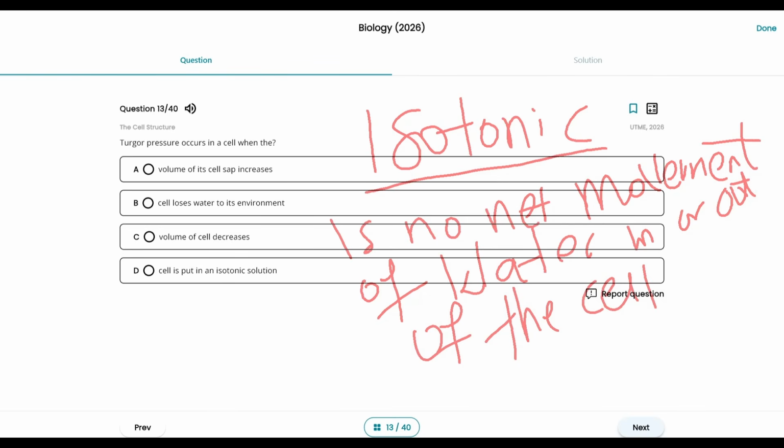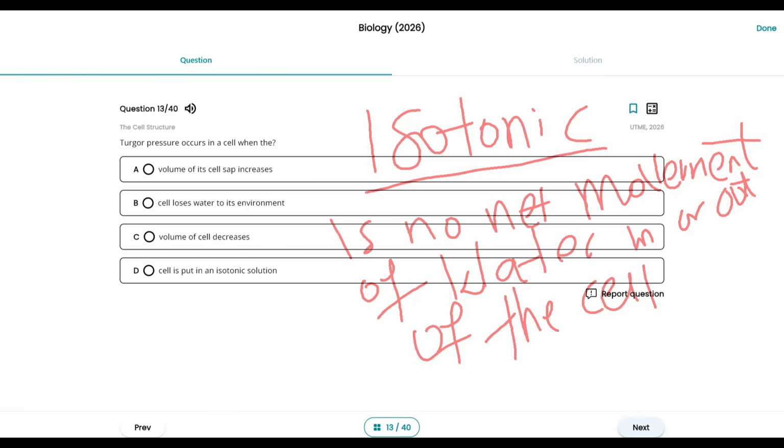Are you with me? Now, don't memorize turgidity with plasmolysis. When water enters, it is called turgid. When water leaves, it's called flaccid, which is plasmolysis. When water enters it is turgid, which is what is known as turgor pressure.